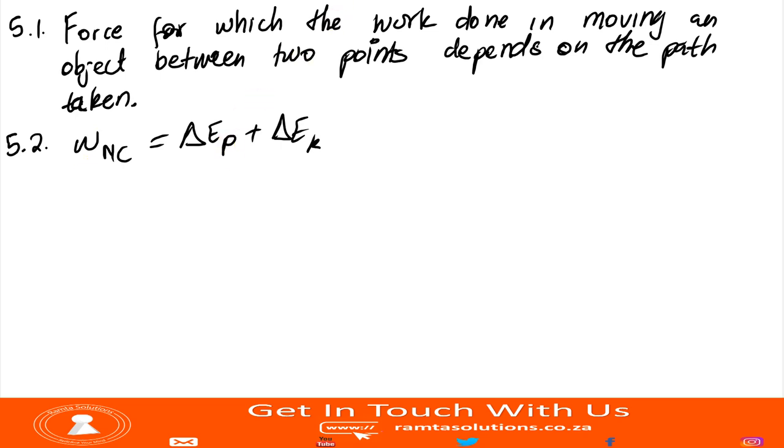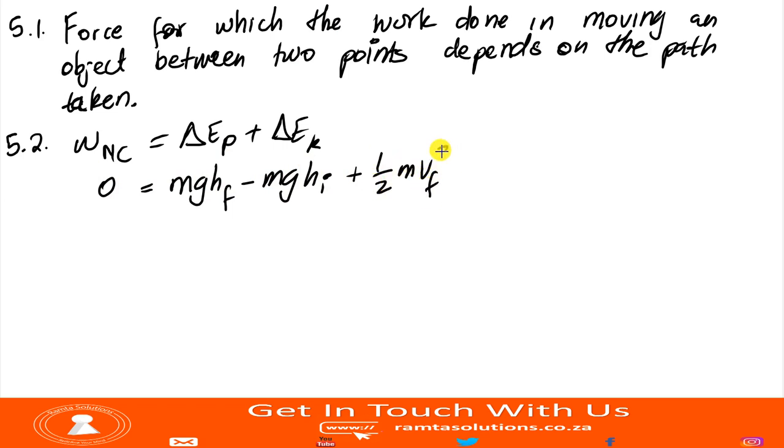Because they say in the absence of non-conservative forces, this part will be zero. Let's expand this. It'll be mgh final minus mgh initial plus half mv final squared minus half mv initial squared. Let me take the negative terms to the other side.